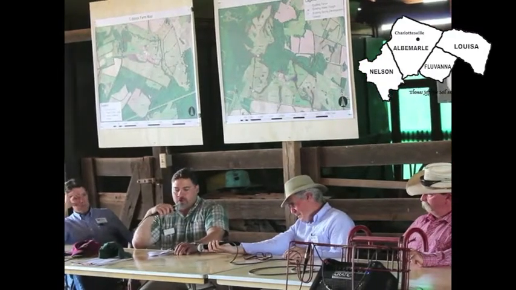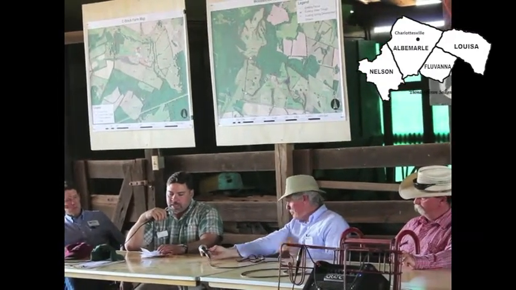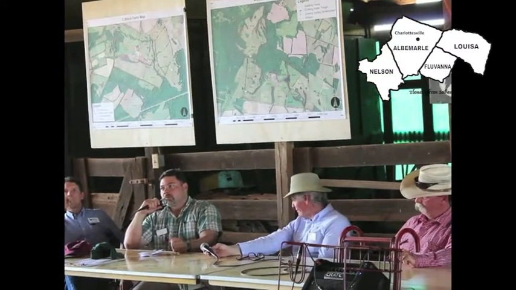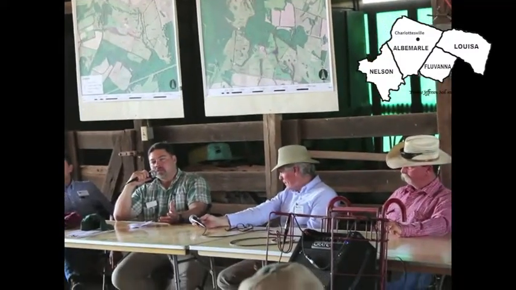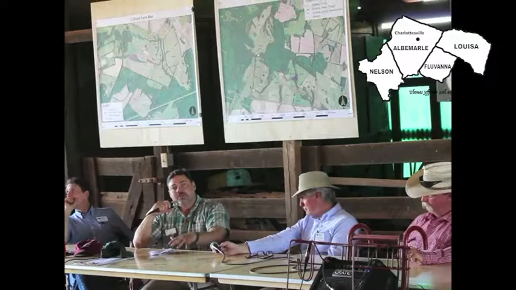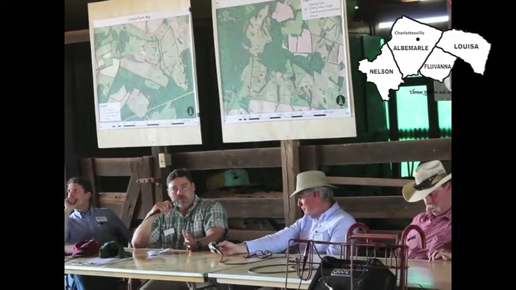And the second part of this question is who do I talk to about getting a grazing plan? I would suggest first start with your local conservationist at the NRCS office, and they can hook you up with, we've got a grazing specialist that covers the region, and they can get you in contact with them if they're not comfortable writing the plan themselves.